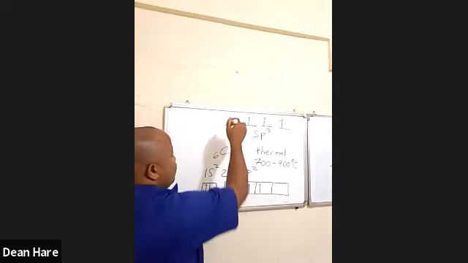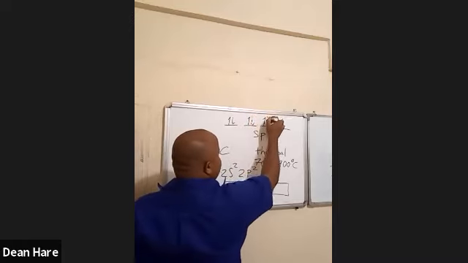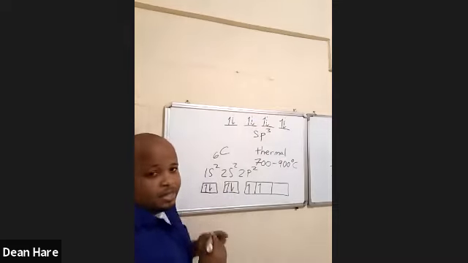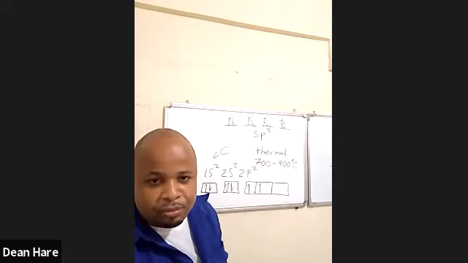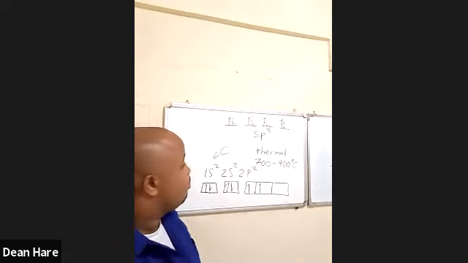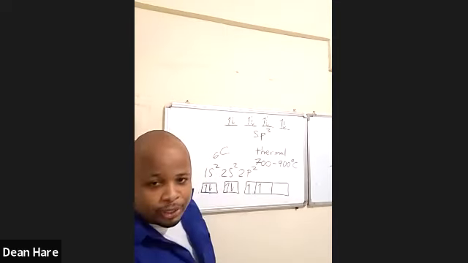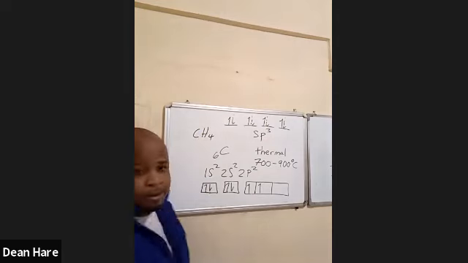And so that is why you can take 1 electron, 2 electrons, 3 electrons, 4 electrons. Let us say these broken lines are electrons from a hydrogen atom. Then this would be 1, 2, 3, 4 electrons. Hence, you could get CH4.